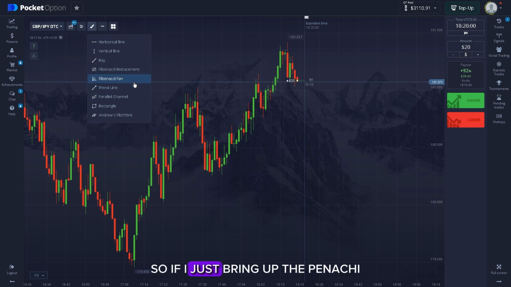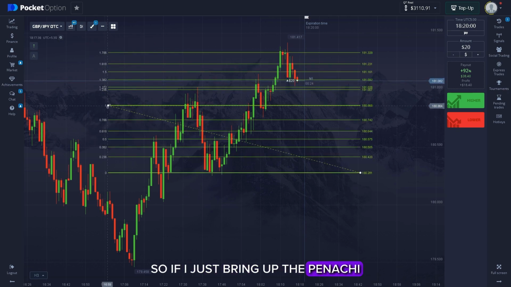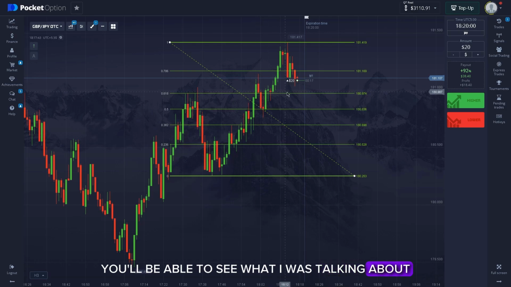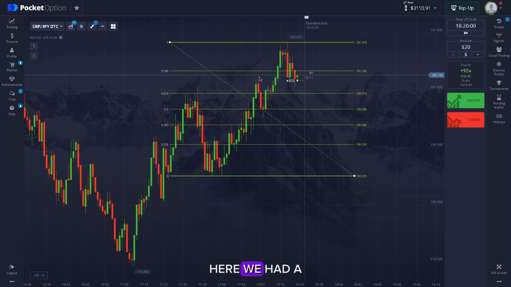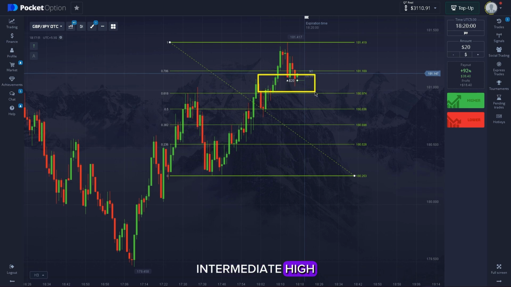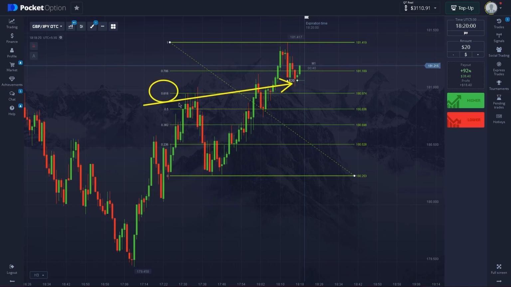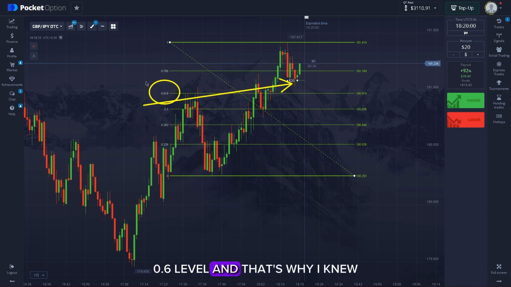So if I just bring up the Fibonacci, you'll be able to see what I was talking about. Here we had an intermediate high, and as you guys can see, we were seeing some rejections at the 0.6 level.